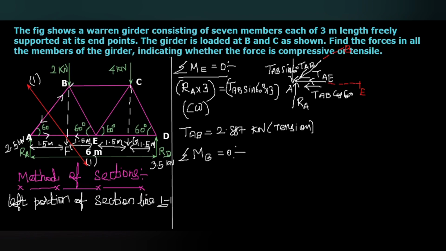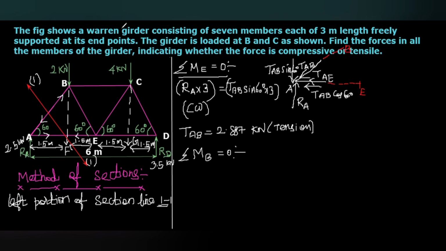When I take moment about the point B, the inclined force AB passes through the point B. As per the principle of transmissibility, if the line of action passes through A, it passes through B also. So the moment made by that inclined force will be eliminated. So only the other two forces we have to consider.